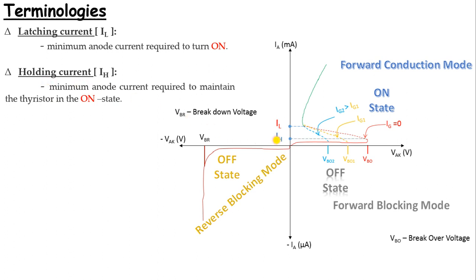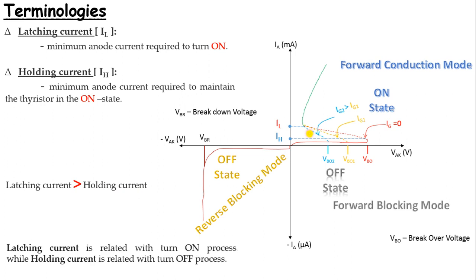So the position of the holding current is going to be this one. From this we can say the holding current is less than the latching current, or otherwise you can say the latching current is greater than the holding current. And one more thing, the latching current is related with turn on process, while the holding current is related with turn off process.